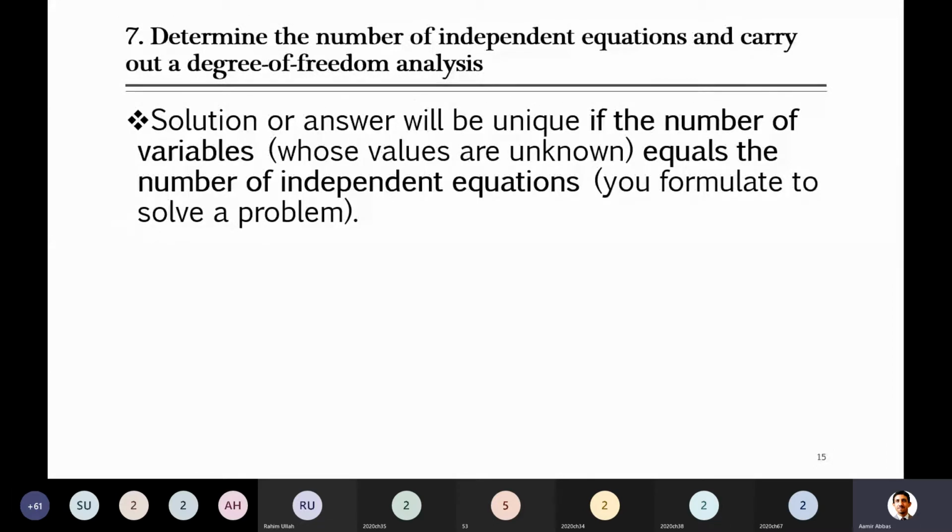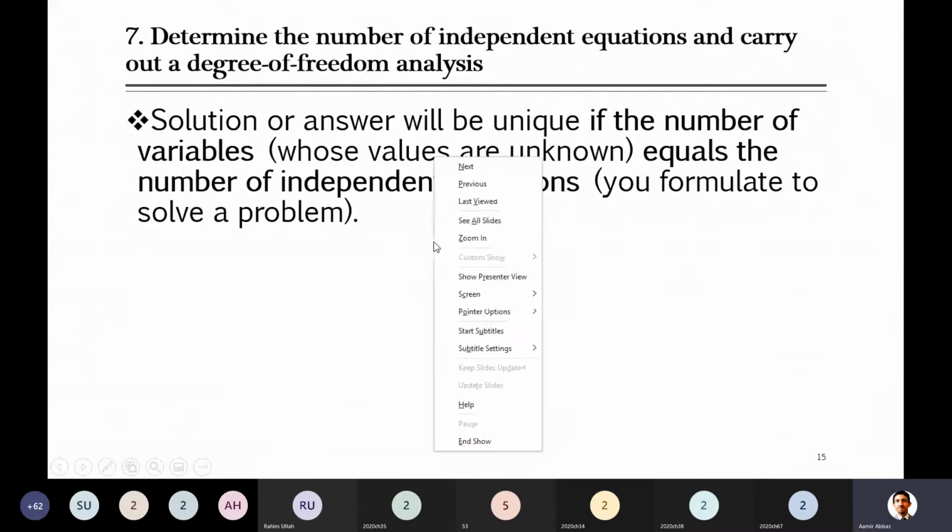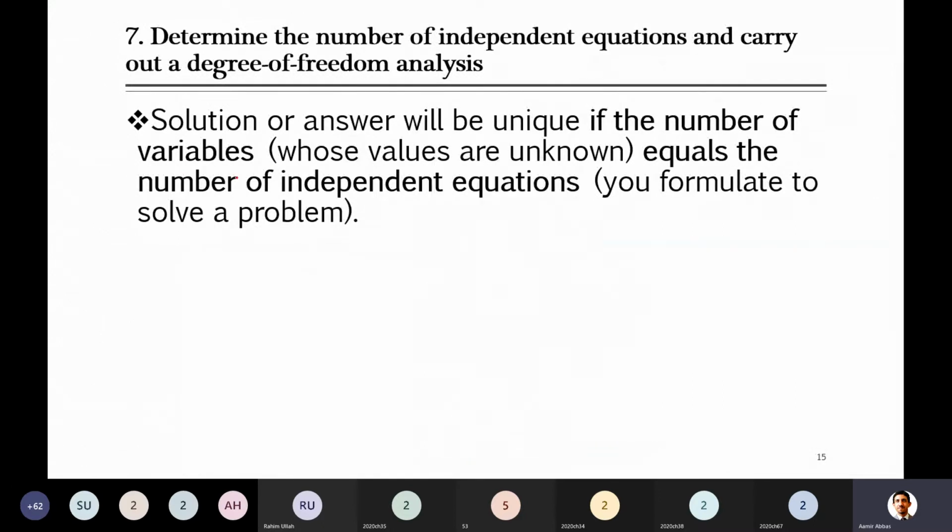We have to do a degree of freedom analysis. Up to here you know what my variables are, which I need to solve. In step 6 we discussed that you have to look at the number of unknown variables, which you need to calculate after carefully looking at the given data and asked data.